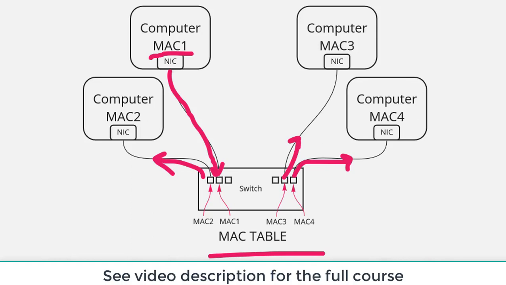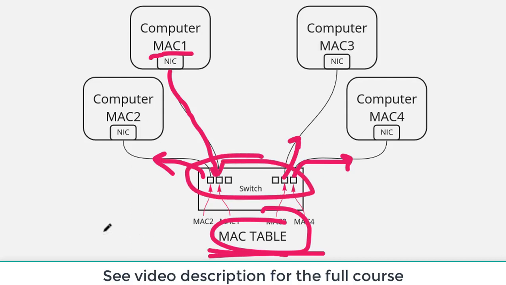And when we start connecting switches to other switches and other switches on top of that, the size of our broadcast domain can get really large, and so can the size of our MAC address tables. So this kind of network, this layer 2 Ethernet segment, can only get so big. Eventually the MAC table will get too large. Eventually the number of broadcasts will exceed what our switch can handle.